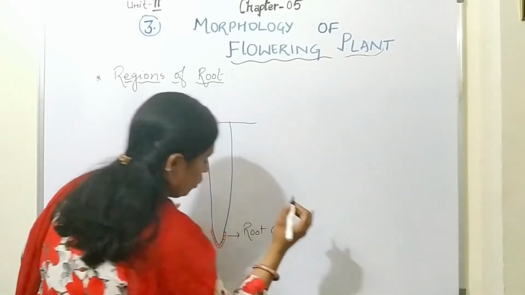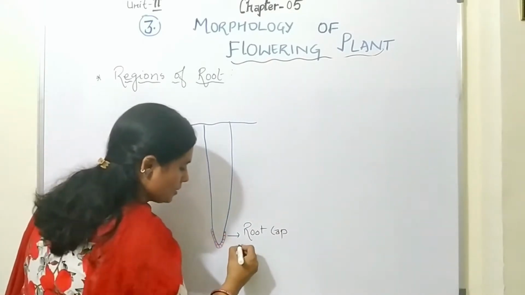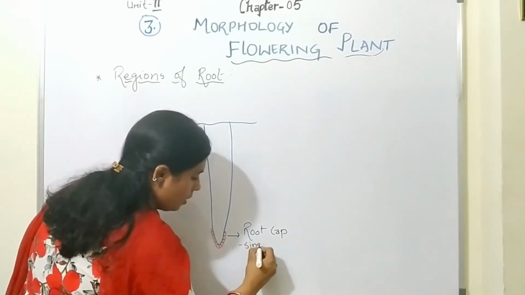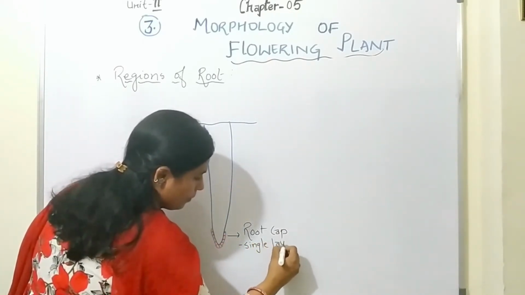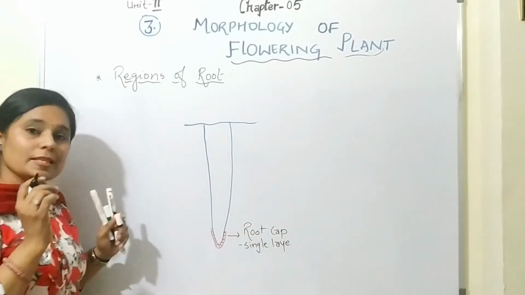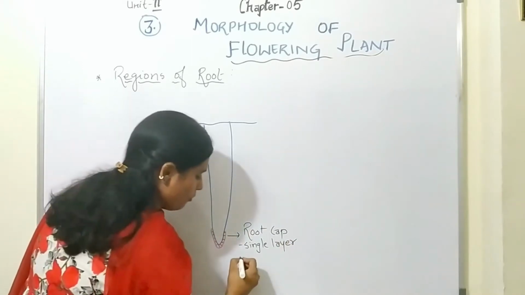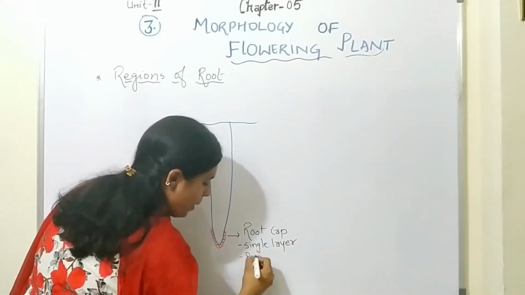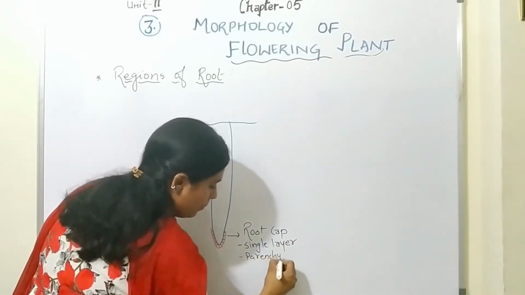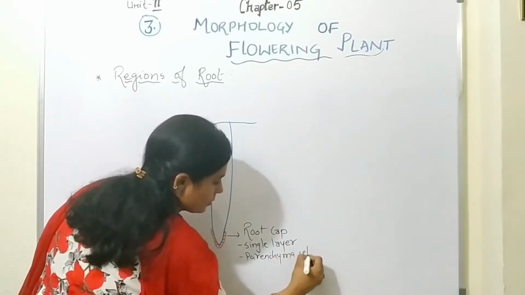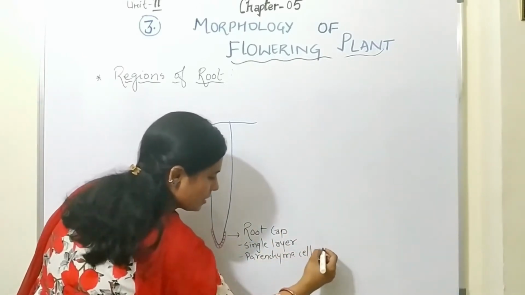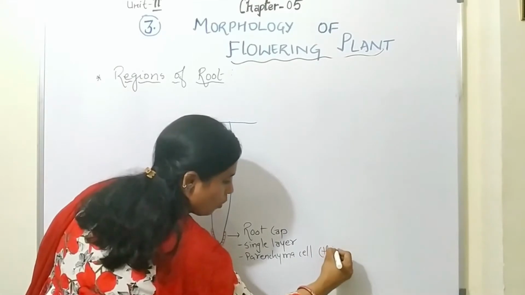Now, root cap is a single layer, which is made up of parenchyma cells, and these cells are thin walled.